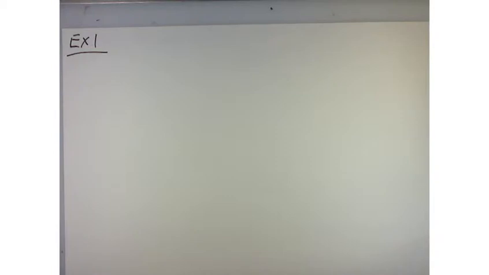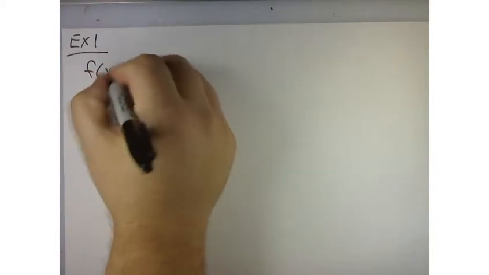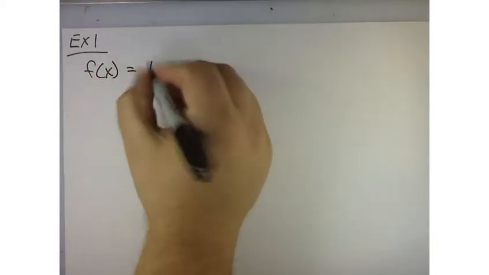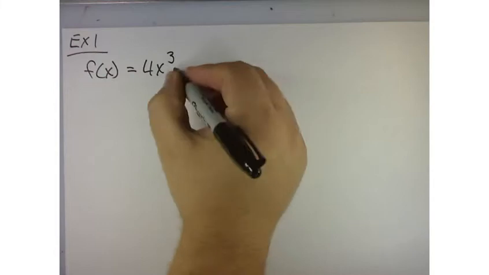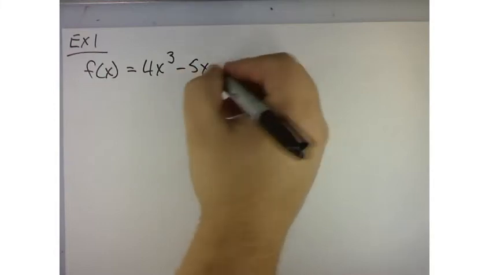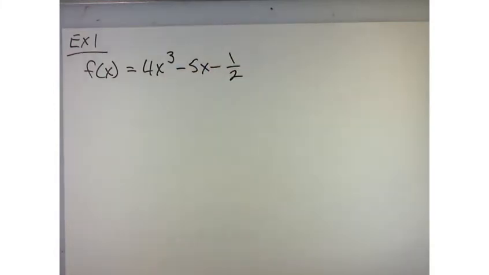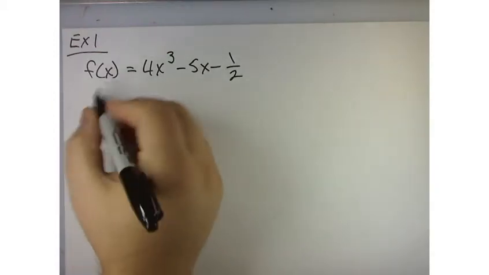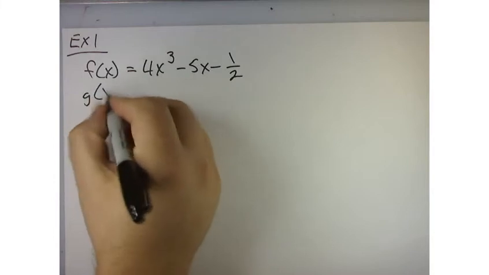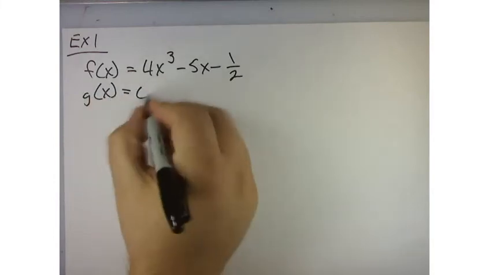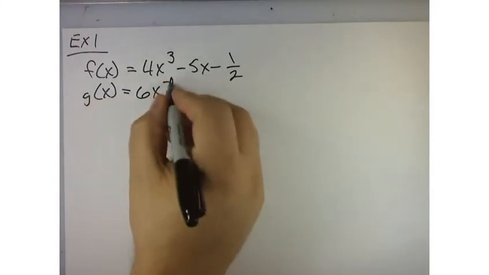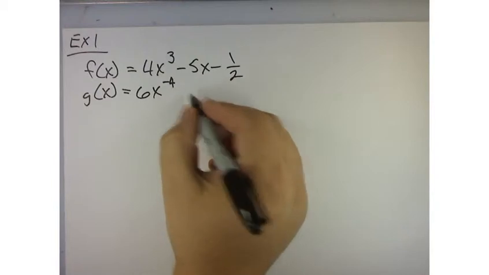So for example number 1, we're given the function f of x is equal to 4x cubed minus 5x minus 1/2. Well, we're given a bunch of functions. So that's the first one, that's f of x. Then we're given g of x, which is 6x to the negative 4 plus 7.